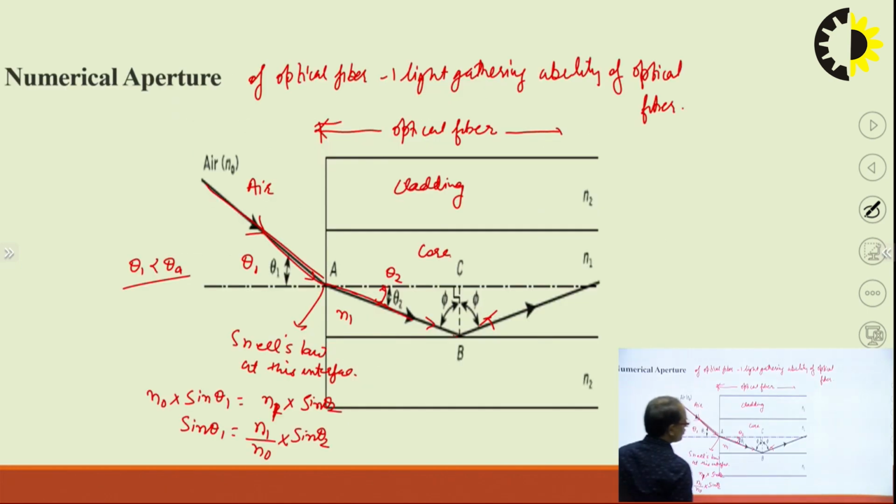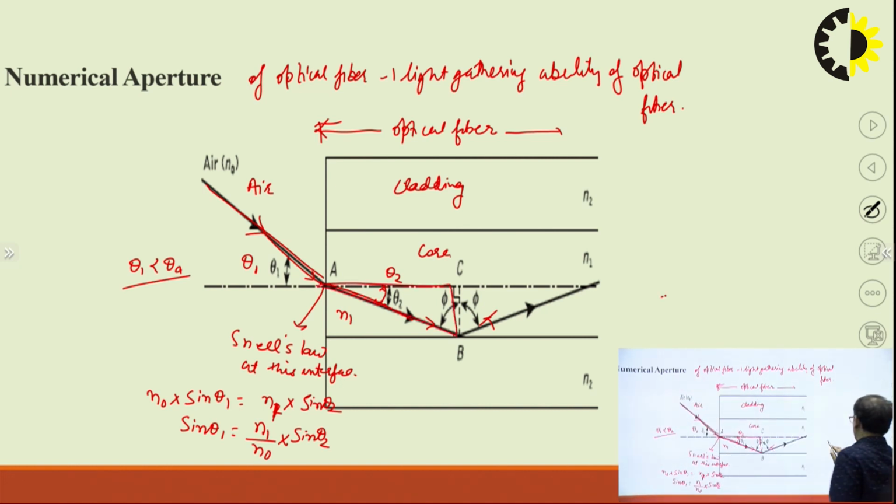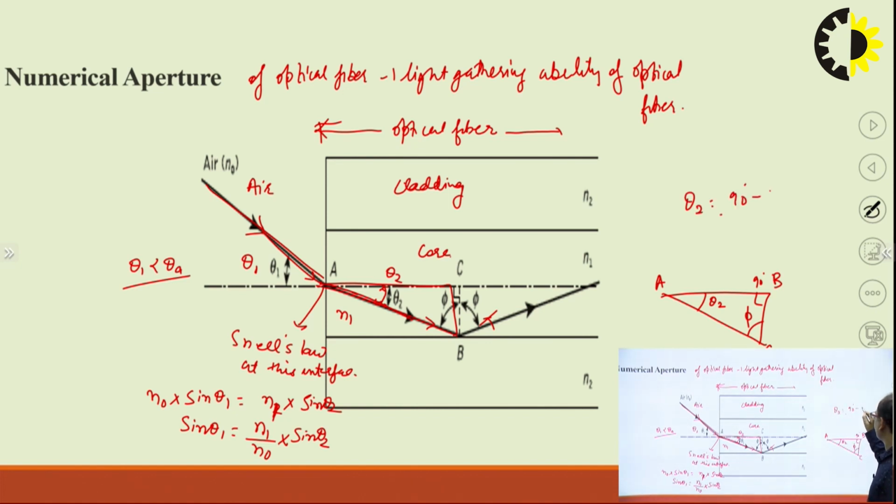This makes an angle of theta 2, this is phi, this is A, B, C, and this makes an angle of 90 degrees. So you can say that theta 2 is equal to 90 degrees minus phi C.